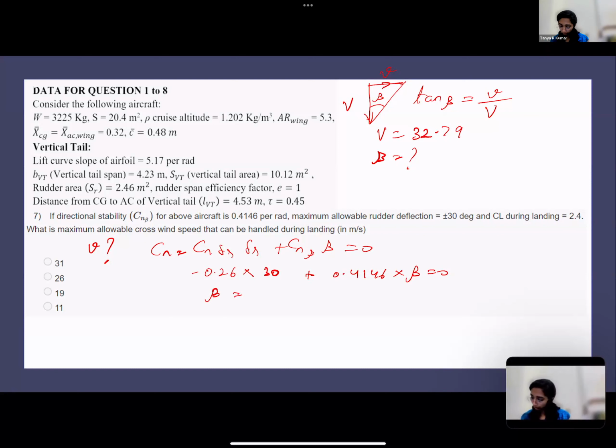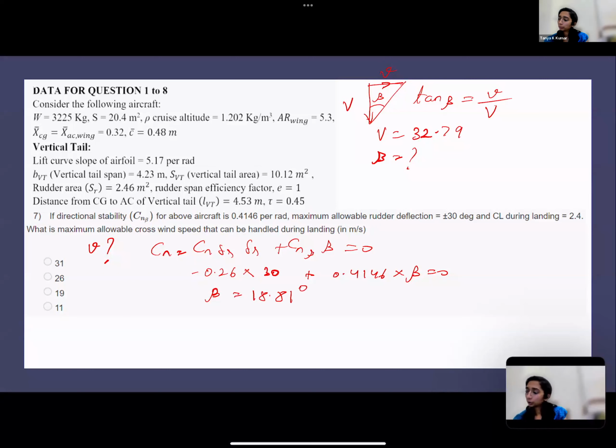So it is 0.26 into 30 divided by 0.4146, which gives 18.81. Is that correct? Are you getting it? Okay. Thank you.